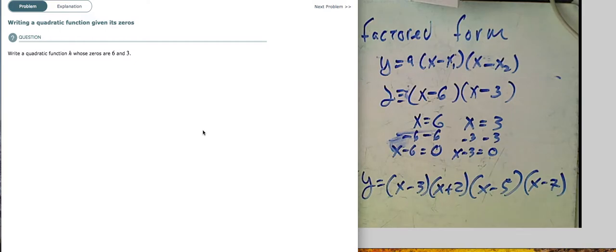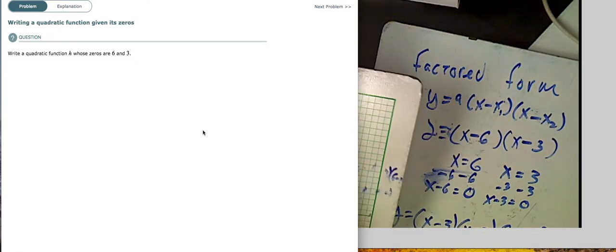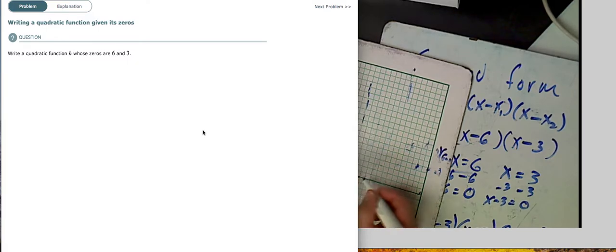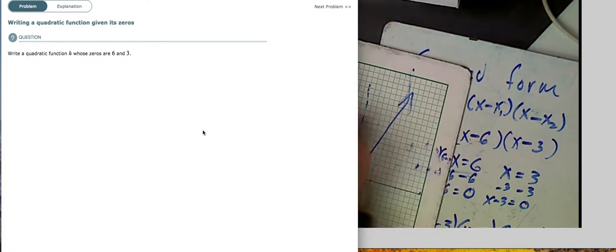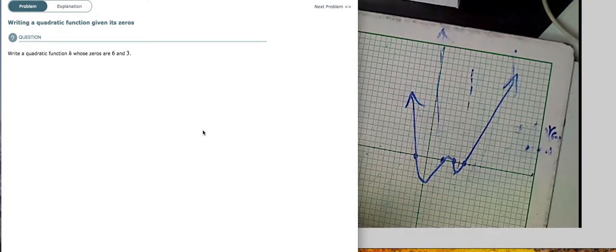In other words, it's going to kind of go a little something like this, where, let's see, negative 2, positive 3, positive 5, positive 7. It's going to come down and go like this and take off. Kind of like that. Okay. Anyway, so that's a short thing on factors.